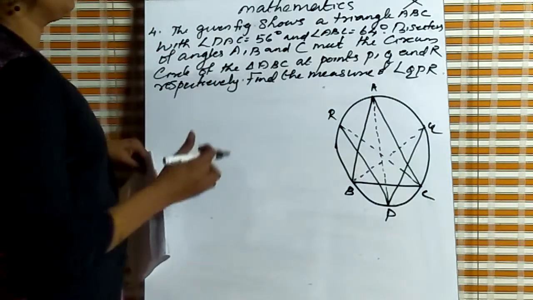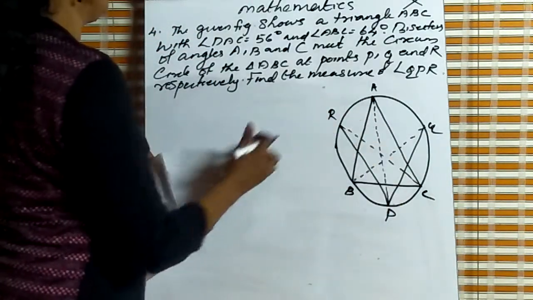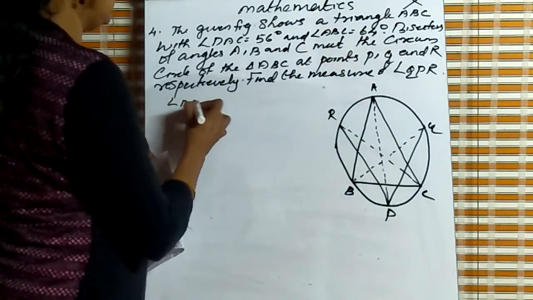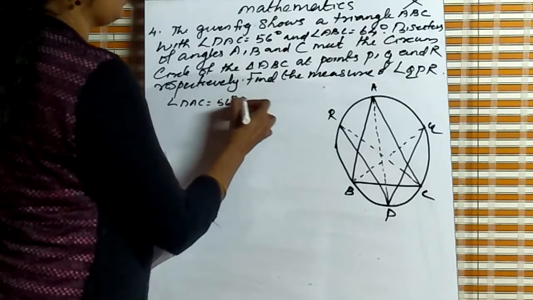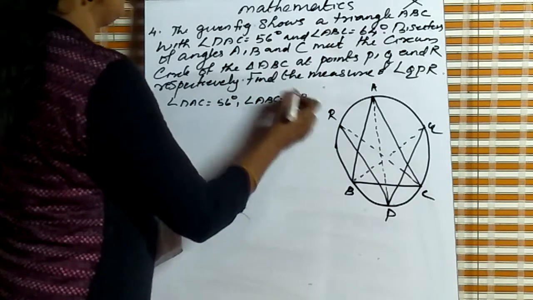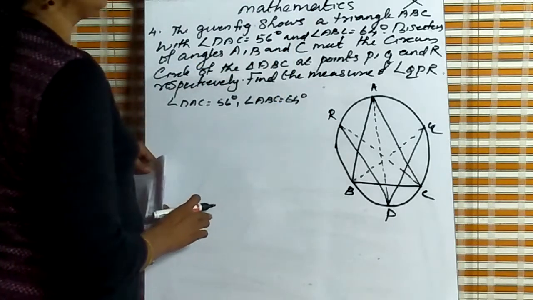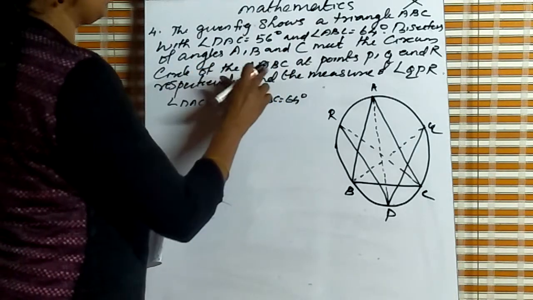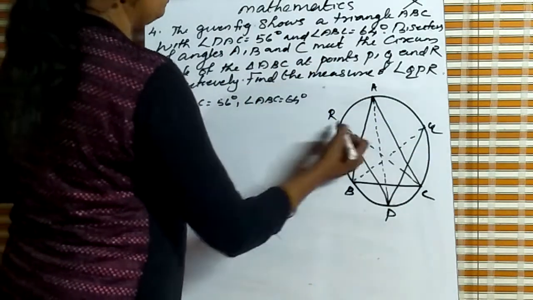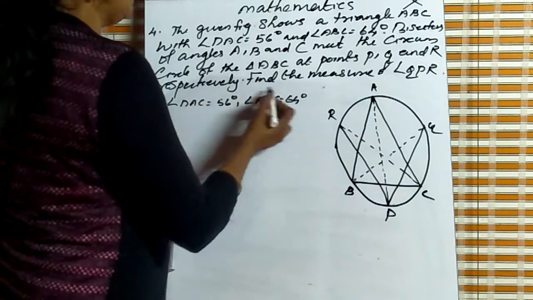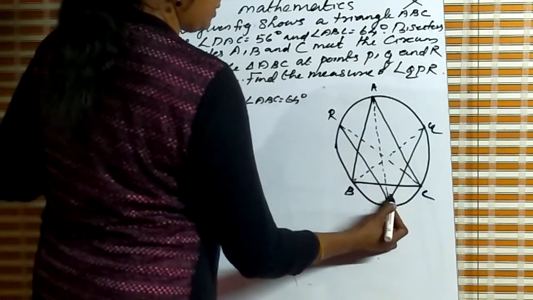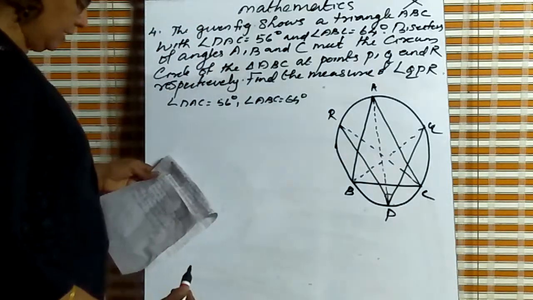The given figure shows a triangle ABC with angle DAC equal to 56 degree and ABC equal to 64 degree, and bisectors of the angles A, B and C meet the circumcircle of triangle ABC at points P, Q and R respectively. Find the measure of angle QPR. QPR means this full angle is the question.